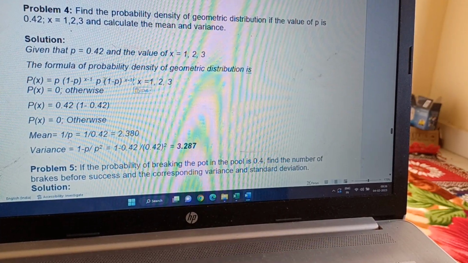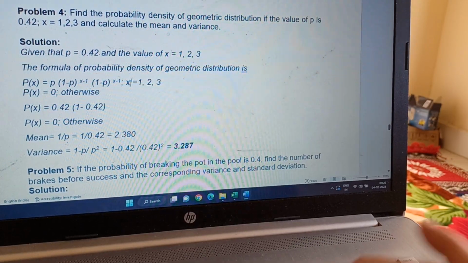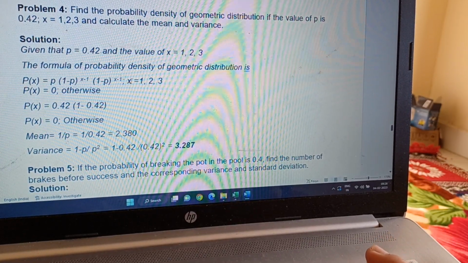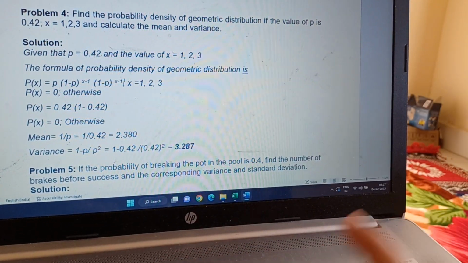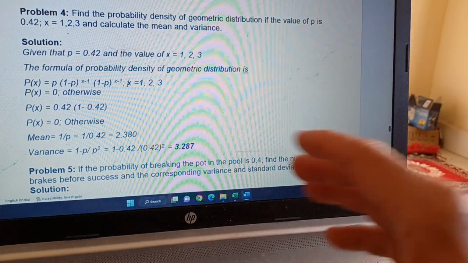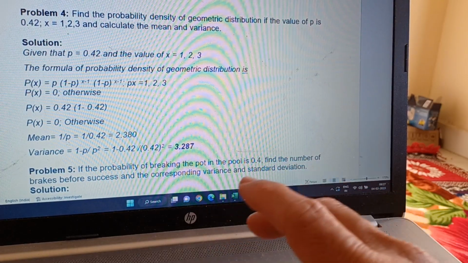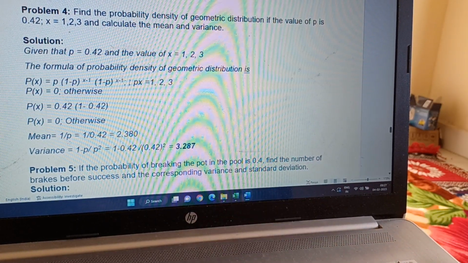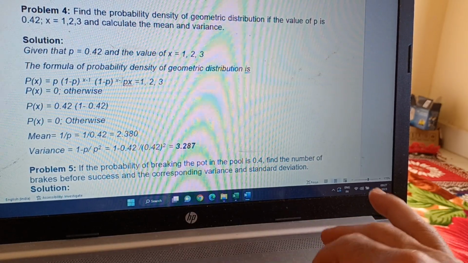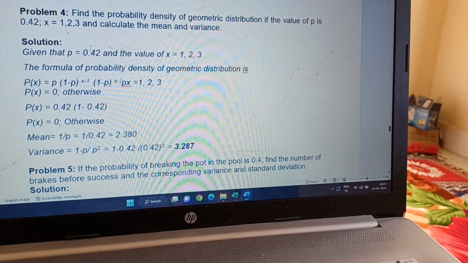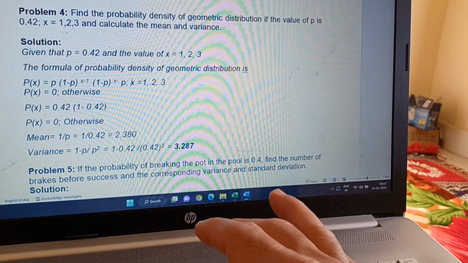What we do, I put this p this side, and I write p here, and then I put the colon here.